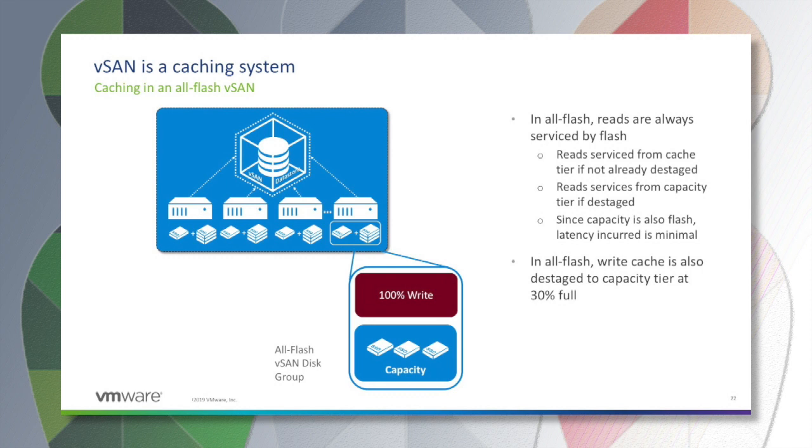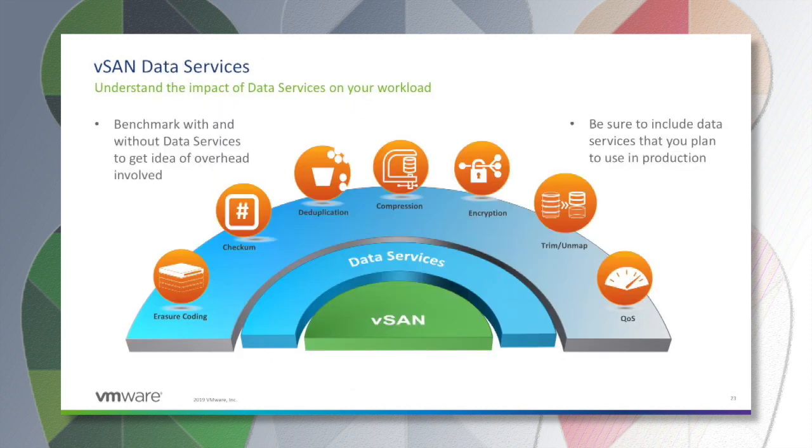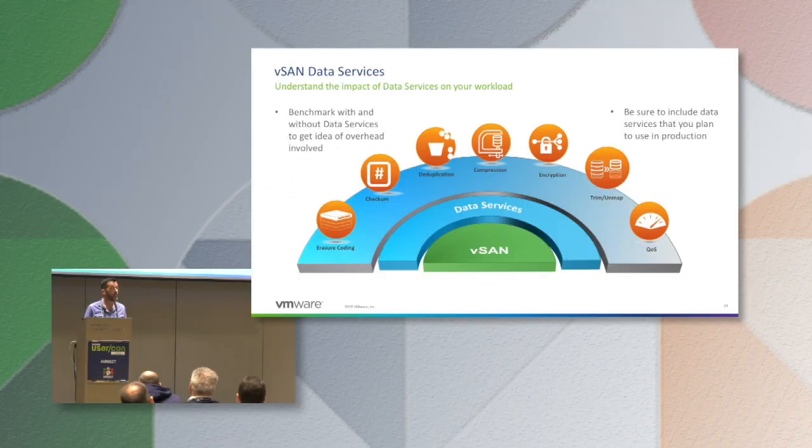Okay. vSAN data services. Since basically vSAN 6.2, we've been adding and adding to our data services and what is available today. Most of these data services will only be available with all flash systems, but such things as encryption are available on hybrid.